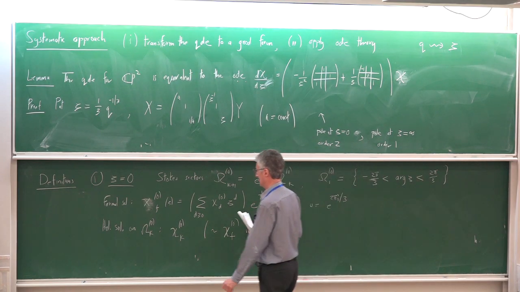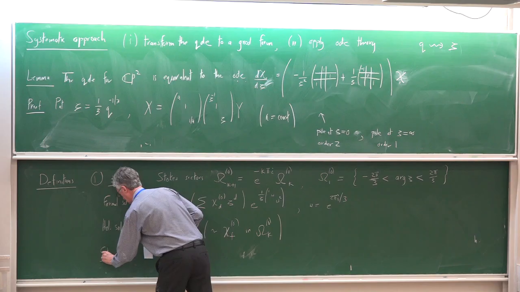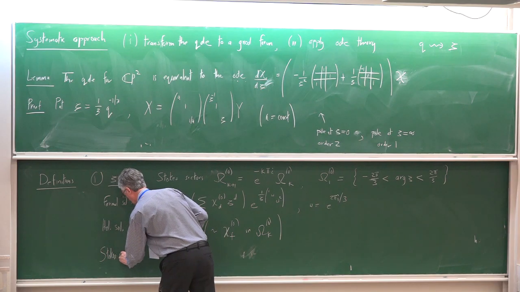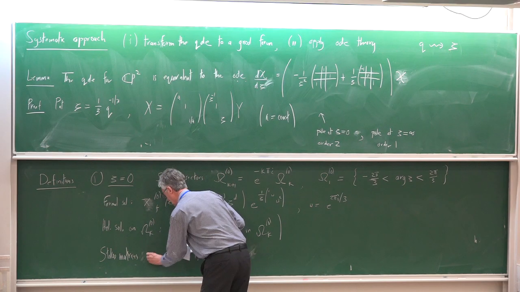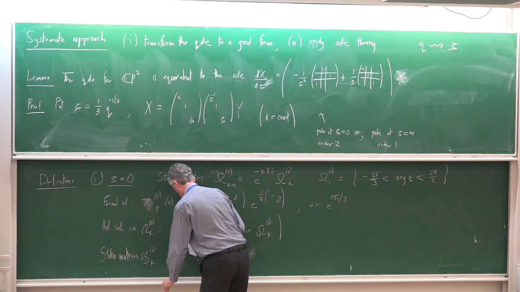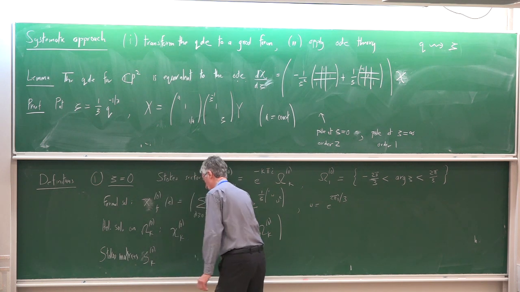And then we can define Stokes matrices. I could call it S0. Okay, I'll call it S0.